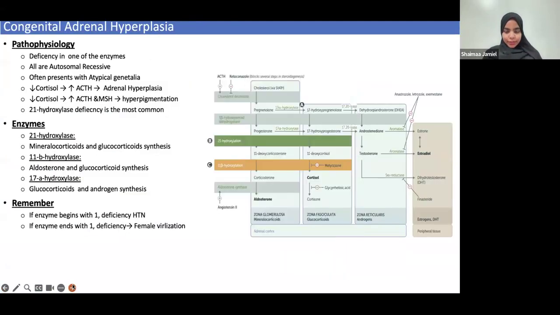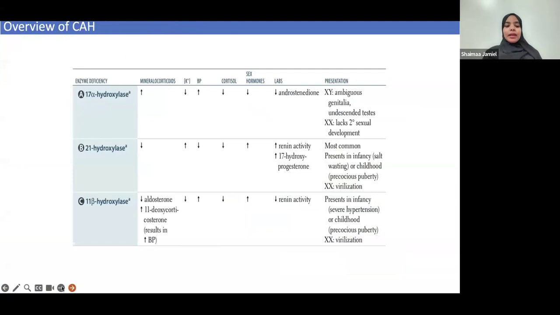Okay. This is a summary table that shows the increases and decreases and the genitalia, which is a nice one. When you get it, you can just review it and you'll know everything.